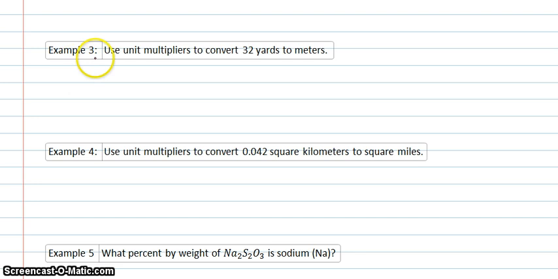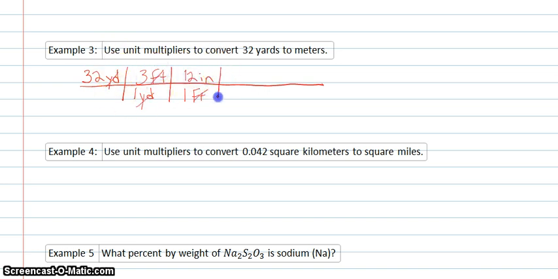Example 3, use unit multipliers to convert 32 yards to meters. We start with 32 yards on top. We need to go yards to feet, so in 1 yard, there's 3 feet. And then from feet to inches, so in 1 foot, there's 12 inches.